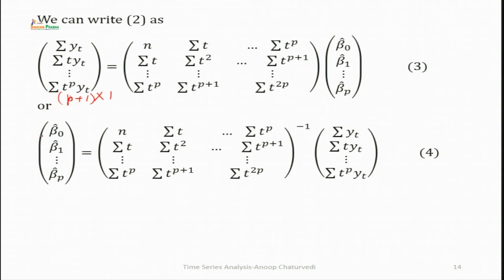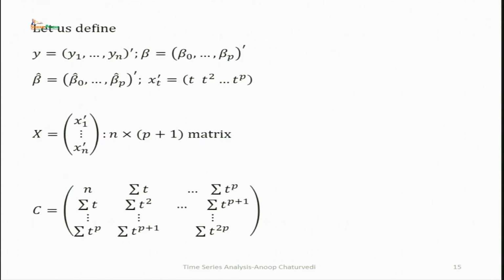So, this vector of betas, beta naught hat, beta 1 hat, so on, beta p hat, is equal to the inverse of this matrix multiplied by this vector. So, this is how you can obtain the least square estimators of the parameters beta naught, beta 1, so on, beta p. Now, once you estimate these parameters, you can easily obtain the trend equation.